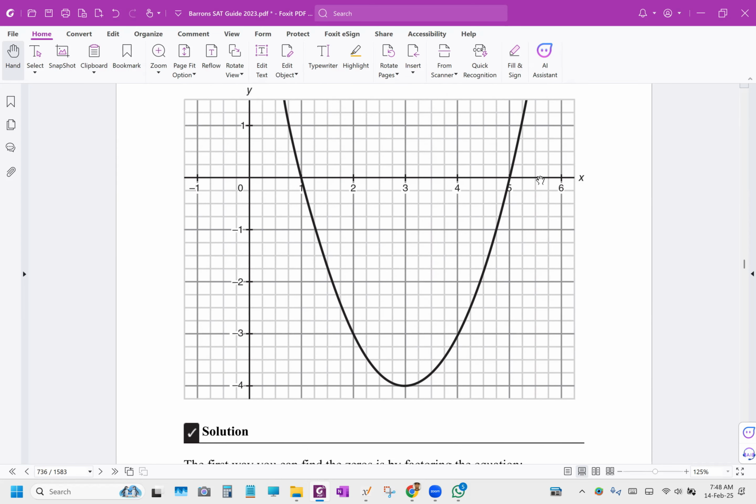If you plot any equation on graph paper, then the points where it intersects the x-axis, this point and this point, these 2 points are basically the solution.